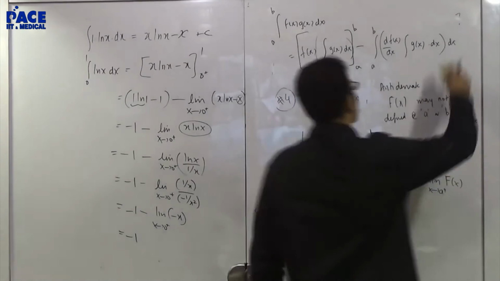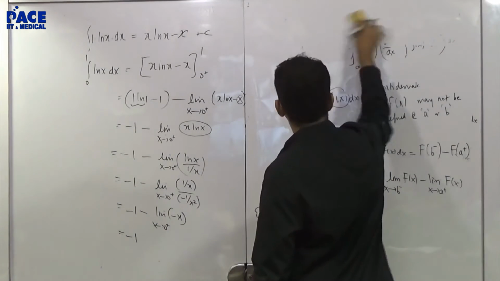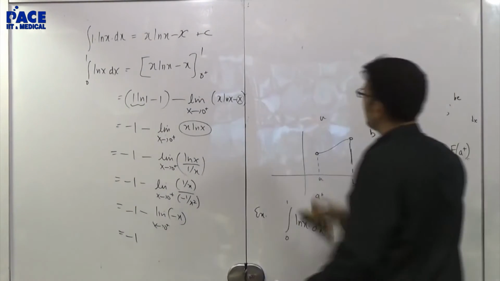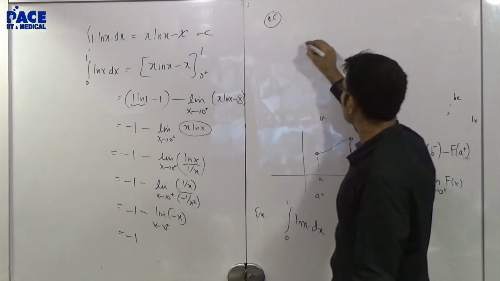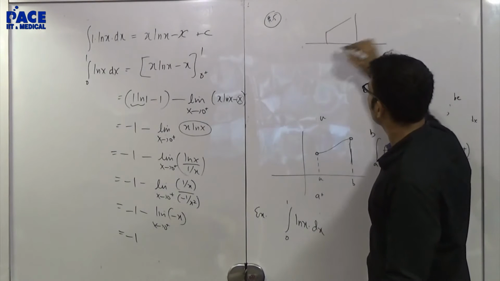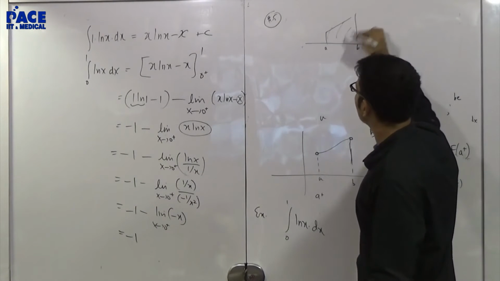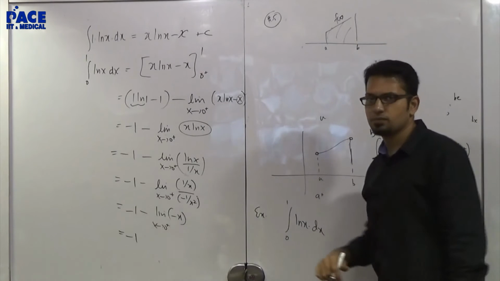Now number 5. Suppose you have, this is a, this is b, f(x), assuming f(x) is positive.